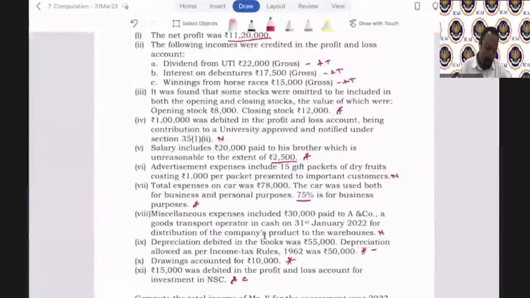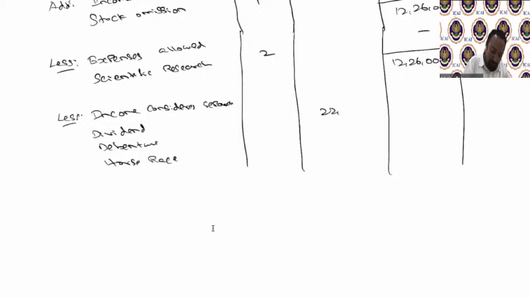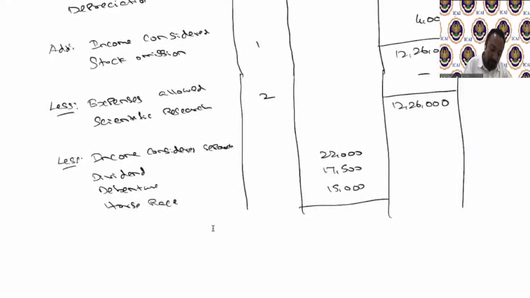How much is the amount? 22,000, 17,500 and 15,000. So what will be the total? Total will be 54,500.